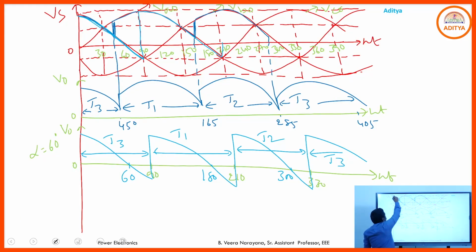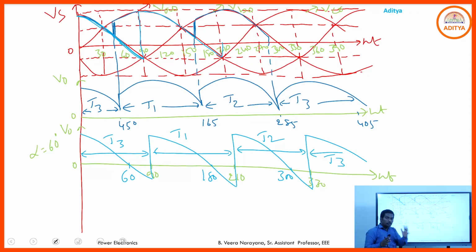See, VC naught is positive, and 60 to 90 you have the negative pulse, but due to the presence of the inductor, from 0 to 60 some energy must be stored in the inductor. After 60 degrees, even though the output voltage is 0, the output current cannot be 0. So the output current should be available due to the discharging condition of the inductor.